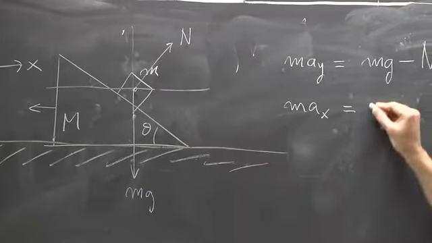But since the question is what is big M A x, let's call this big A x, the acceleration of the big block. In this direction I only have this, so this must also be equal to that component of the reaction.